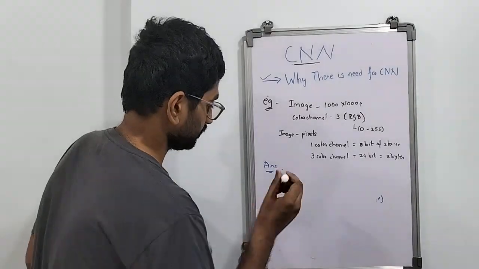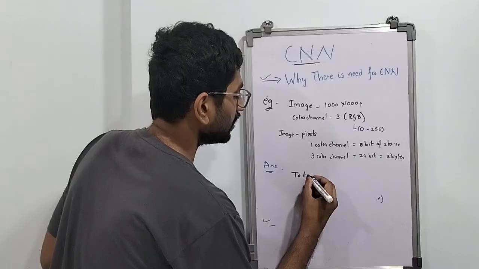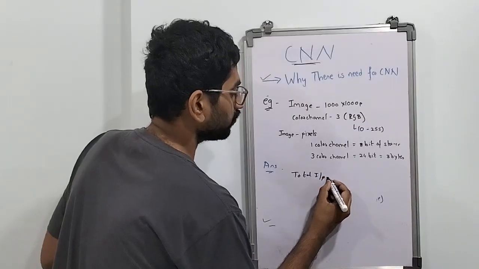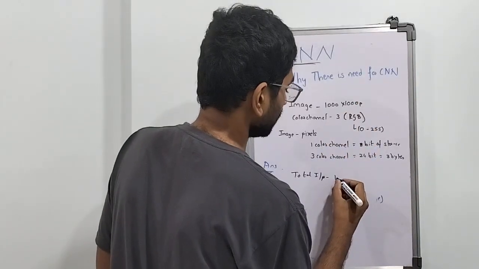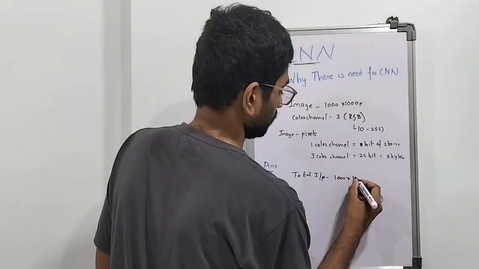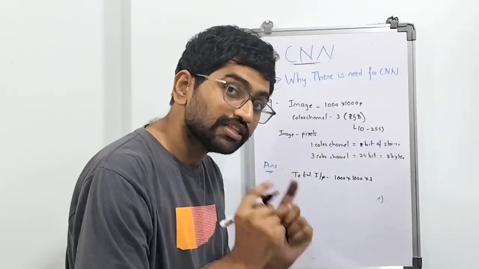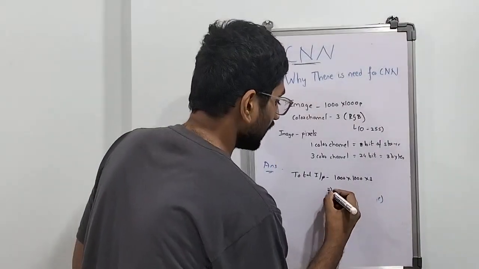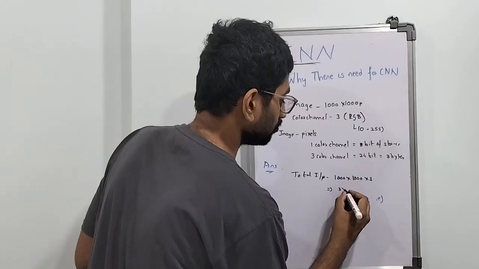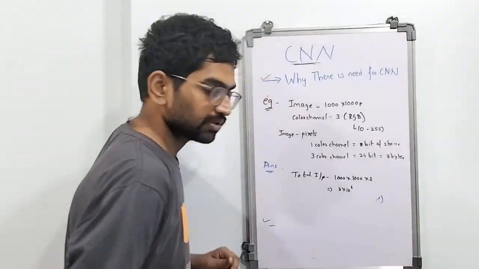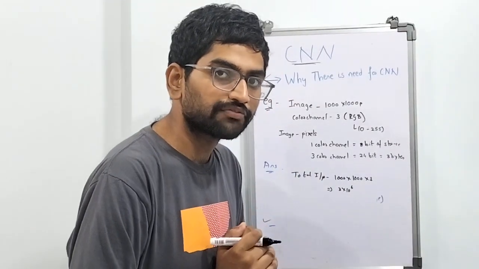To calculate the total input, we do 1000 into 1000 into 3. You will get 3 into 10 to the power of 6.